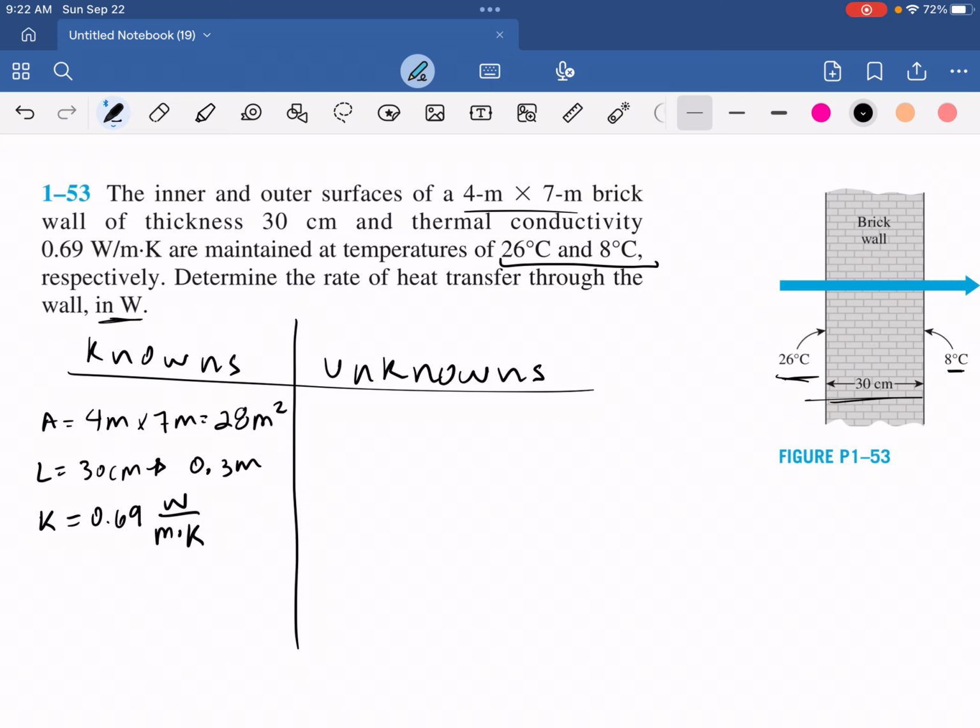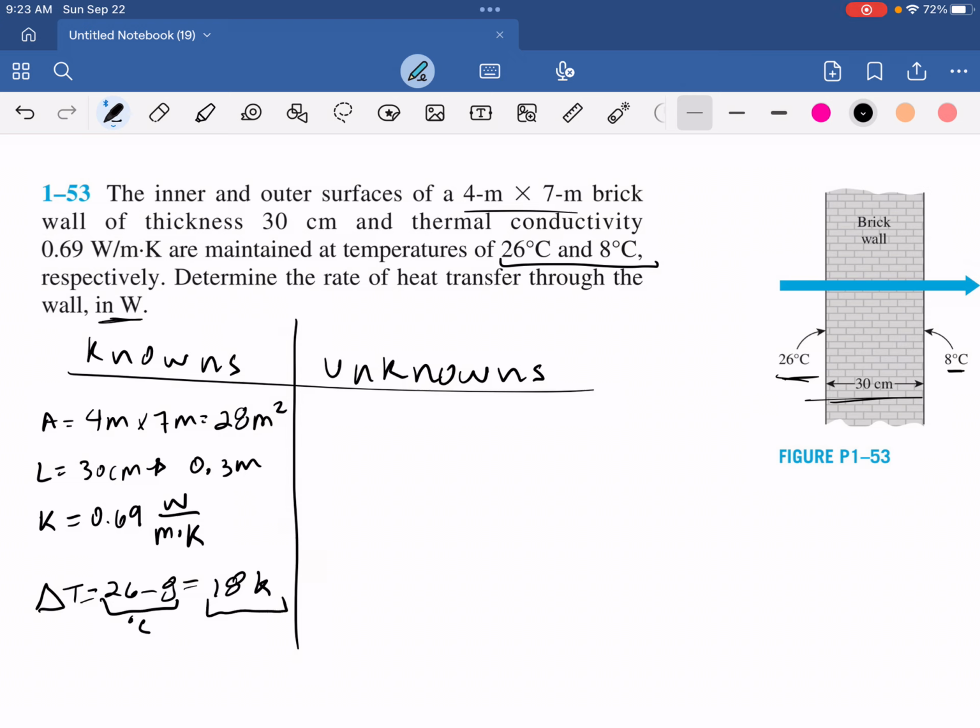So I'm just going to do delta T is equal to 26 minus 8, which is going to equal 18 kelvins. Now keep in mind, again, this is in degrees Celsius. If I add 273 to 26 and 273 to 8, I'm going to get bigger numbers, and they're going to be in kelvins, and when I subtract them I'm still going to get 18 kelvins. So I'm just going to leave it as that, just for the purpose of time.